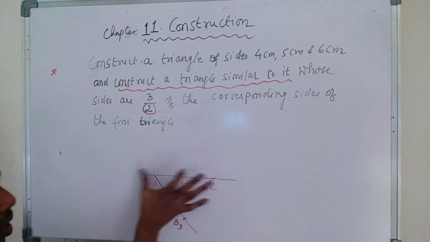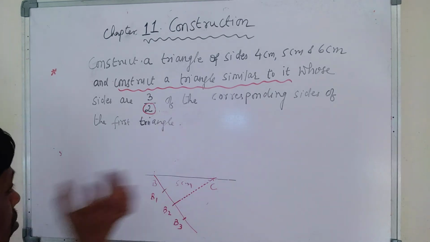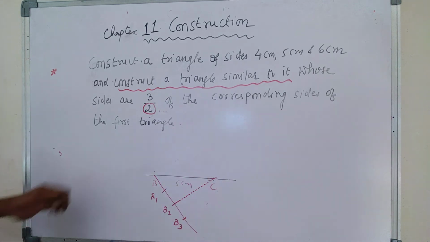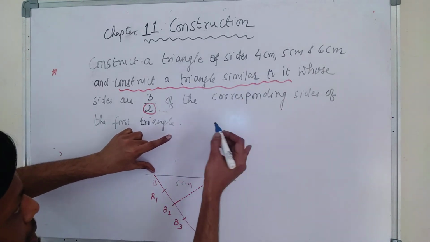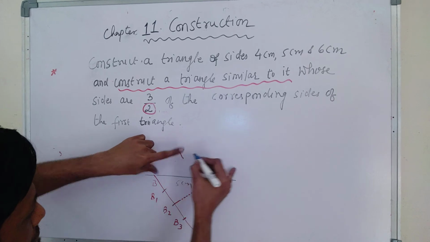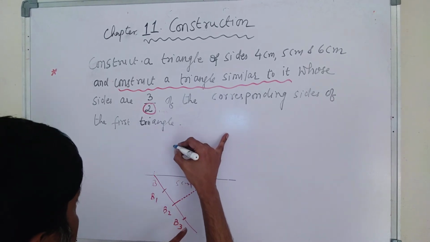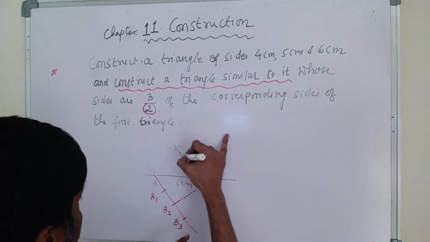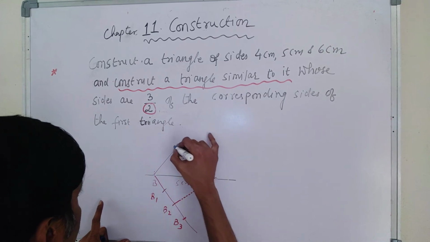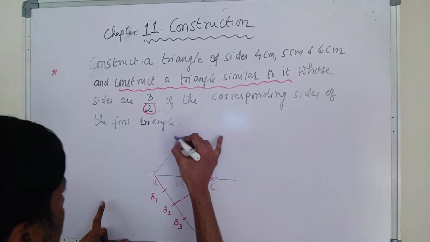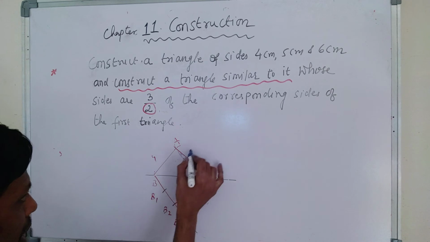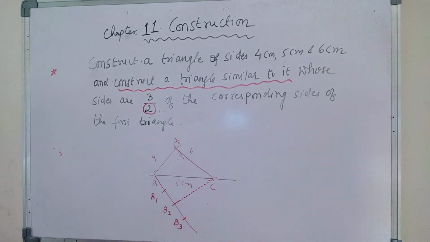First you construct the triangle and keep it ready. So BC is 5, again the same thing. Say this is 4 and that is 6. This is your triangle ABC, 5, 4 and 6 centimeters.